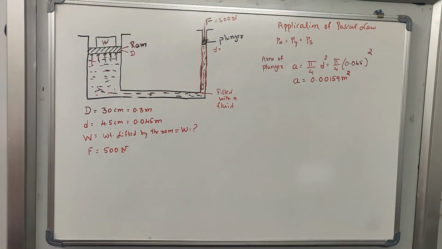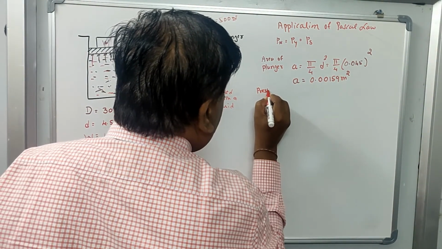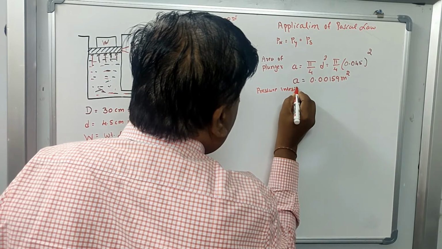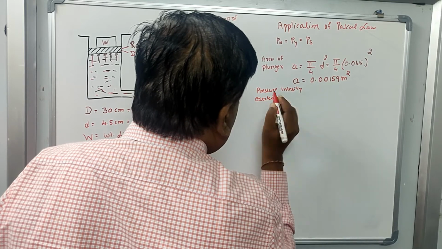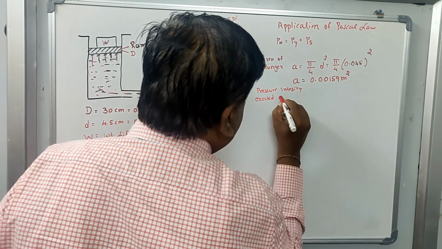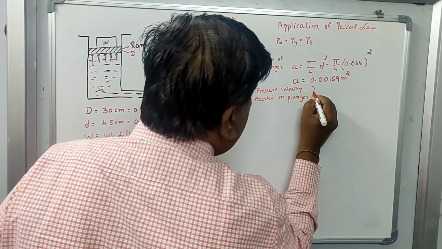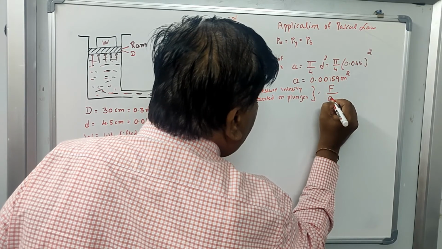Now the pressure intensity exerted on the plunger is equal to force divided by area of plunger.